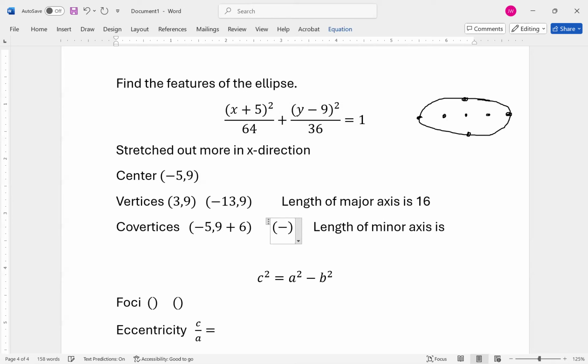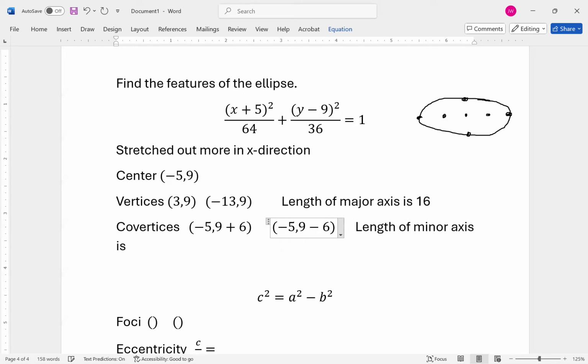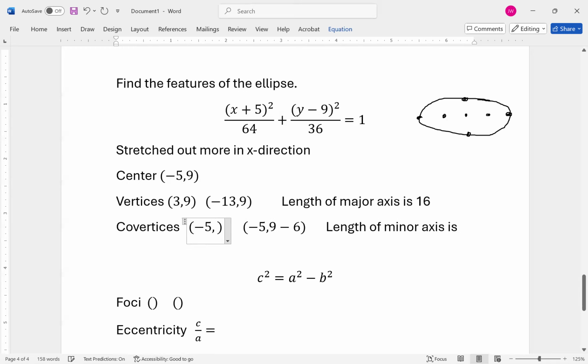And then subtract 6 units from the y value. 9 plus 6 gives a 15. 9 minus 6 gives a positive 3. Since we moved 6 units in each direction, the length of the minor axis is 12. 6 times 2 is 12.